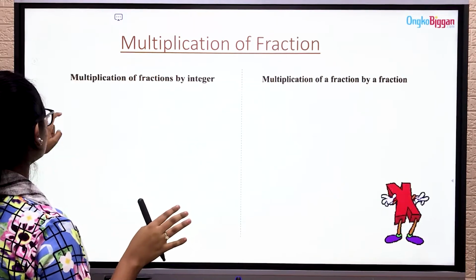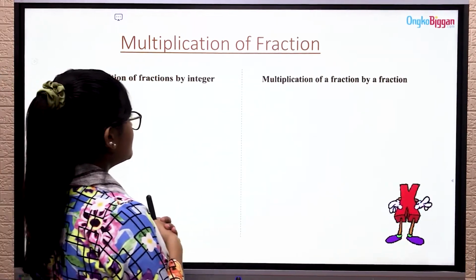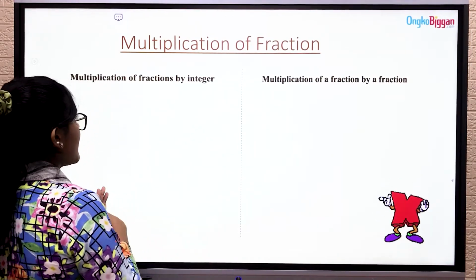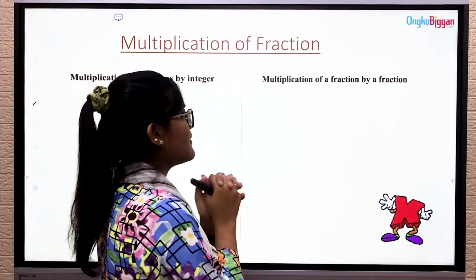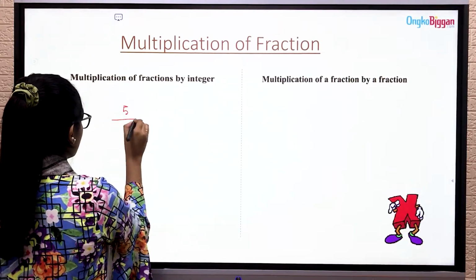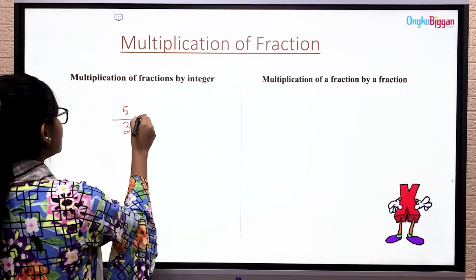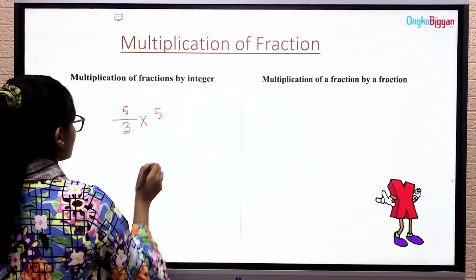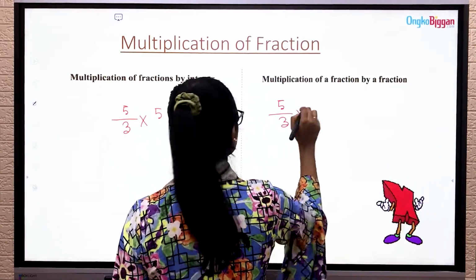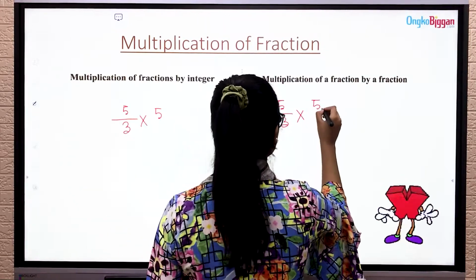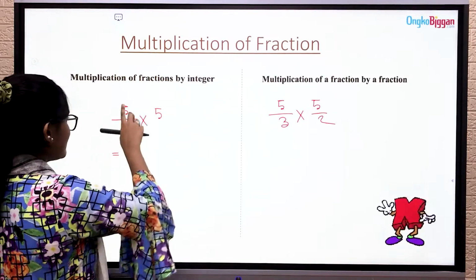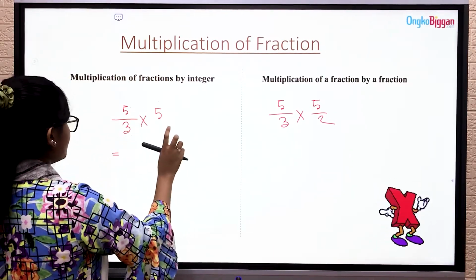So I am trying to make you understand that multiplication of a fraction by an integer or multiplication of a fraction by a fraction is the same. Like if we consider a fraction like 5 by 3 and the integer 5. Again, if we are given 5 by 3 and a fraction like 5 by 2. In this case we will just multiply numerator by numerator, denominator by denominator.